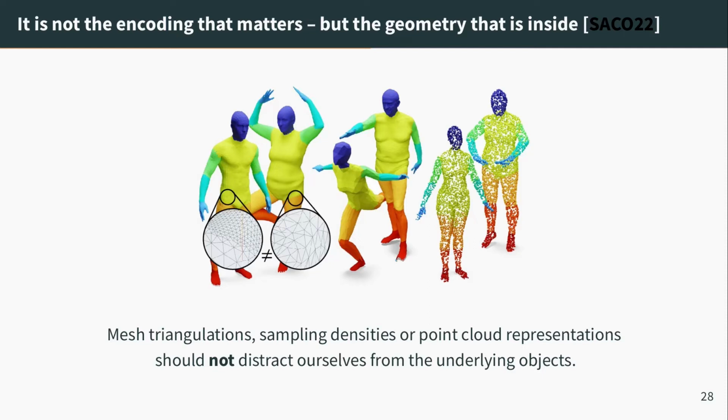And this projection should not distract you from what matters, which is the actual 3D geometry. Hopefully, once you have understood that all these objects are just different representations of the same thing, you will be able to pick the representation that is best suited to your purposes, because obviously they have very different numerical properties. As far as the computer is concerned, this is very different to this. But as far as we as humans are concerned, these are the same things.